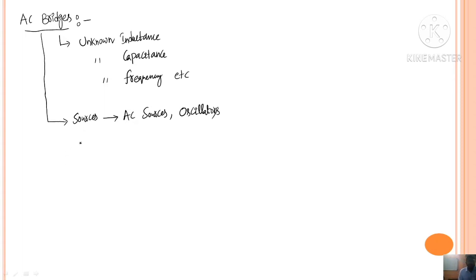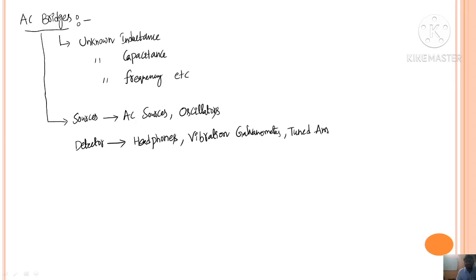And another thing is the detectors. This is the major difference between an AC bridge and a DC bridge. So the sources are AC sources and oscillators, whereas the detectors are headphones, and also vibration galvanometers, as well as tuned amplifiers.